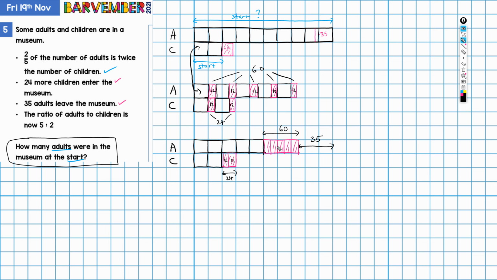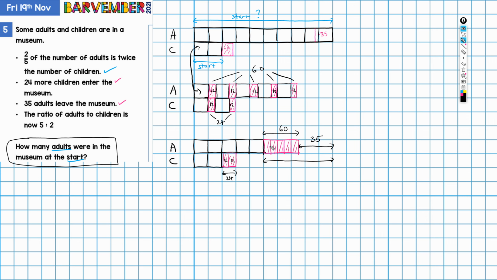Okay, so these 5 missing parts here, okay, there we are, the 1, 2, 3, 4, 5 are made up by 60 add 35. All right, it doesn't matter that they are out of scale with each other, because I am following my own model.